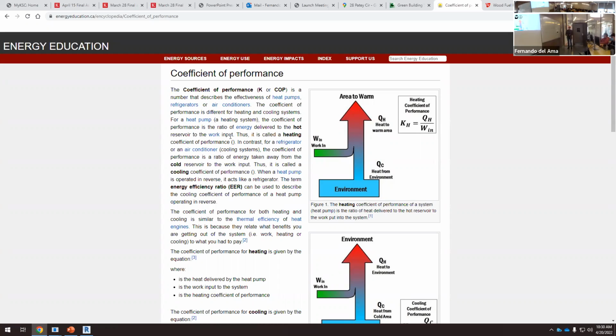Now, what is my COP for? I'm sorry, this is the thermal energy, and my COP is 4. So what is the electricity that I need? The electric load. My electric load will be 413 kilowatt hours divided by the COP 4.